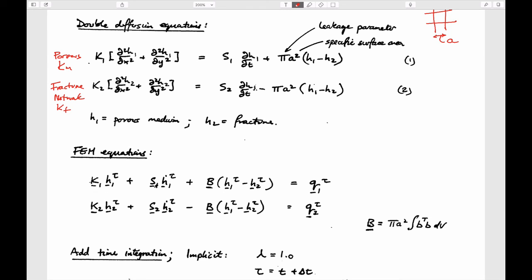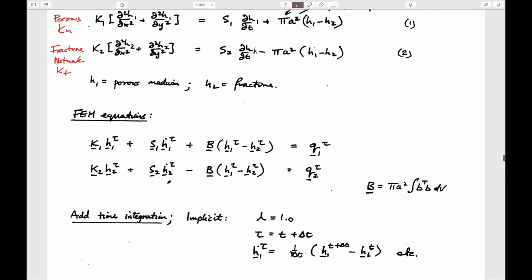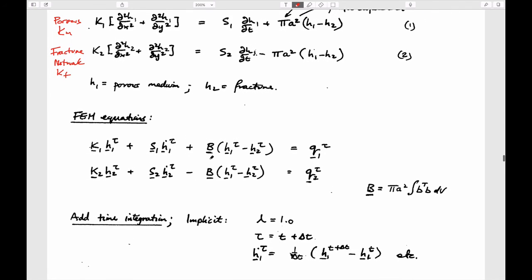And so what we can do is we can write these as finite element equations, and we know they'd look like this. Written for the porous medium here, written for the fracture. This you'll recognize operating on rate of change of head. And this may be new, but we know what this matrix is going to look like if we write it out in finite element form.